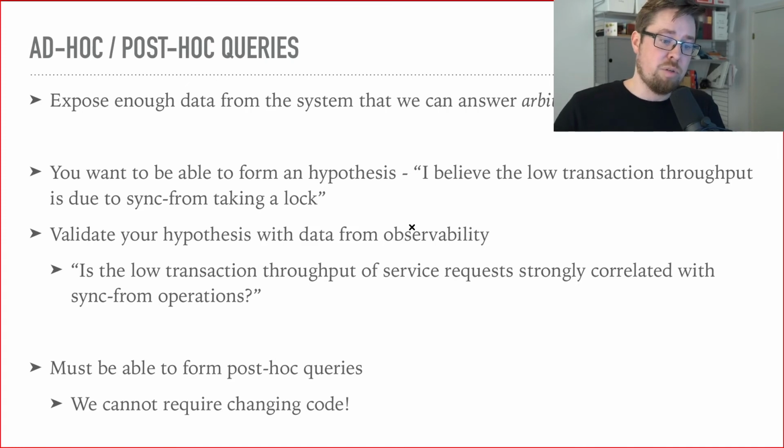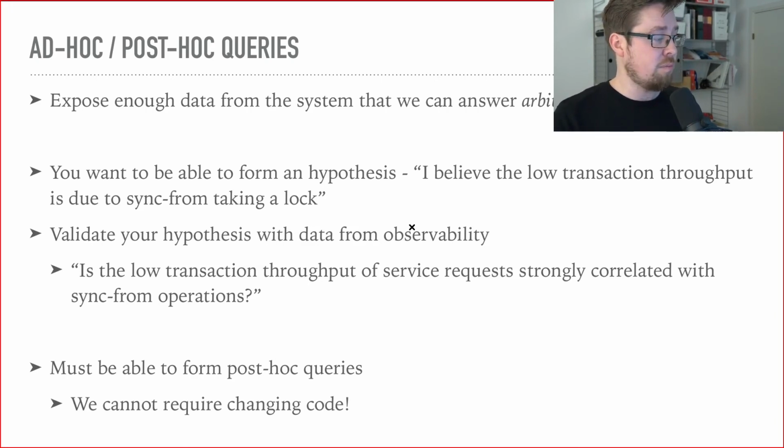And that in turn would be a strong indicator that one caused the other. Then you'd have to answer what caused the other thing, right? But at least with a correlation, that's a start, right? And doing this kind of thing in Grafana, writing that query is a fairly simple thing to do. So we must be able to form post hoc queries, and this is perhaps one of the biggest differences between monitoring and observability, right?